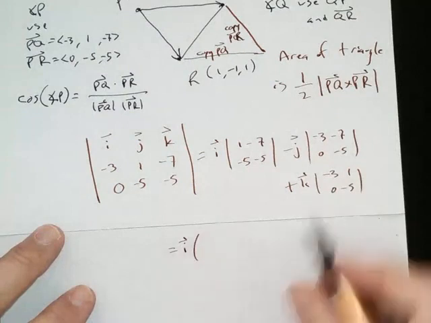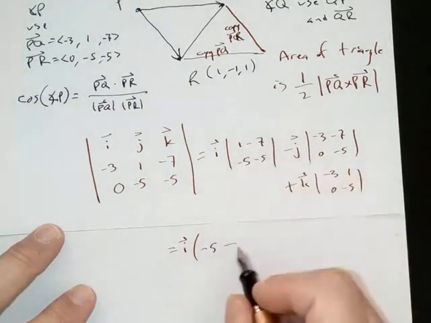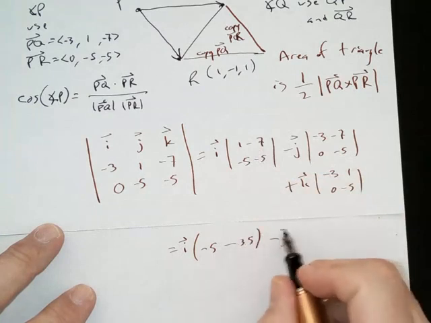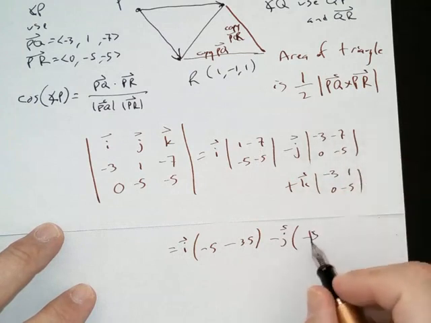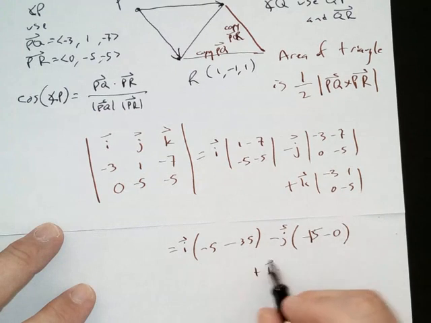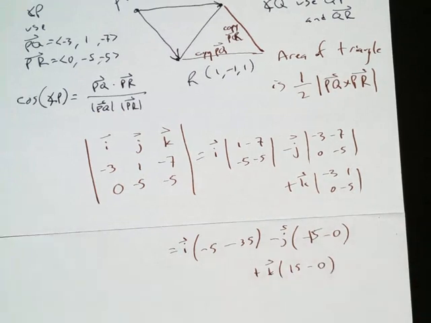So that's I times -5 minus +35, minus J times -15 minus 0, plus K times +15 minus 0.